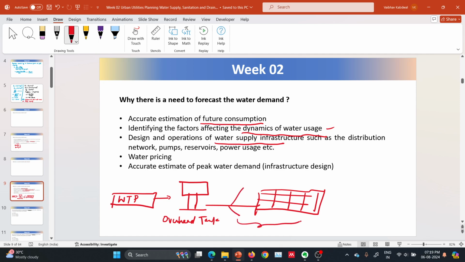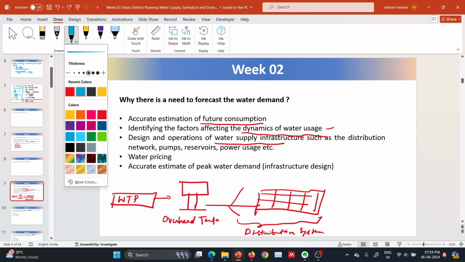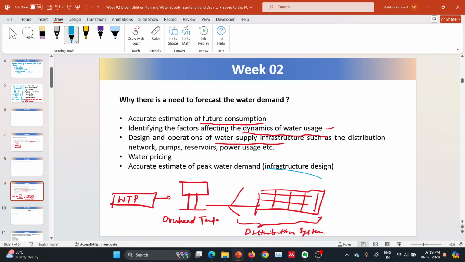So this is the distribution system. So we need to know what is the demand here. We need to know the demand this side, then only we can design these two things.